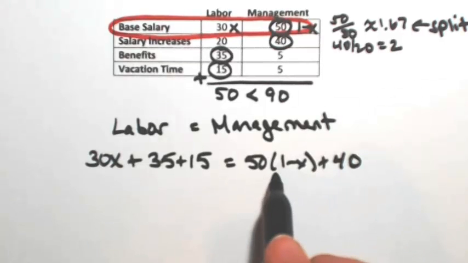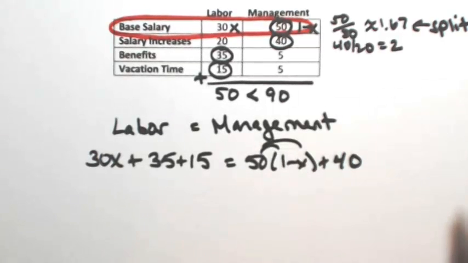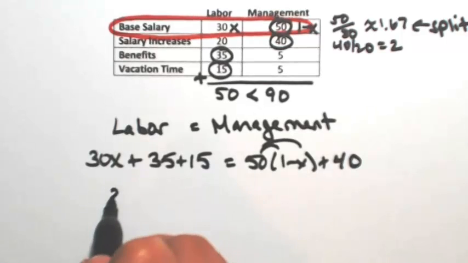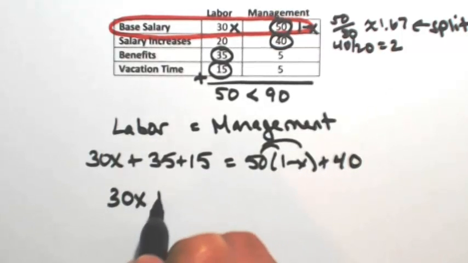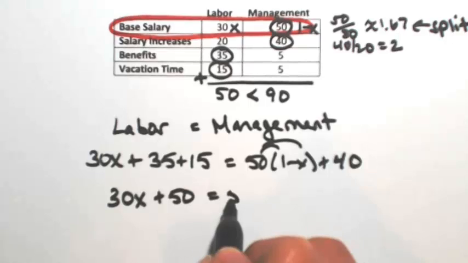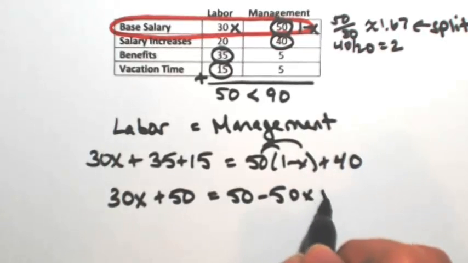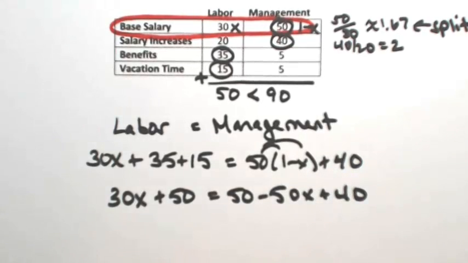So the first thing we'll do is get rid of these parentheses by distributing that 50. And at the same time, I'm going to start combining anything that I can. So 35 and 15 is 50. Okay, so on the right side, now we have 90 minus 50x.